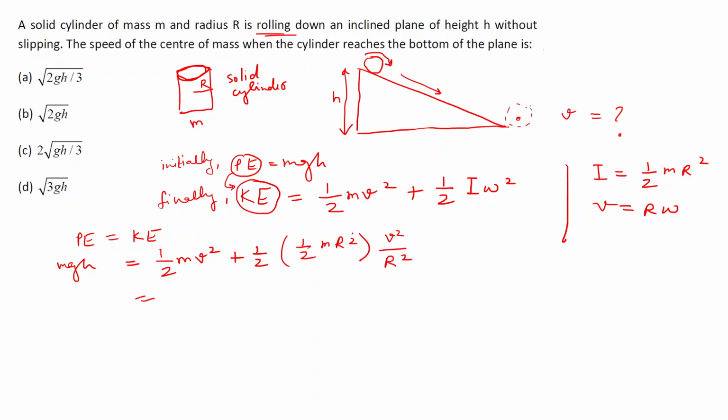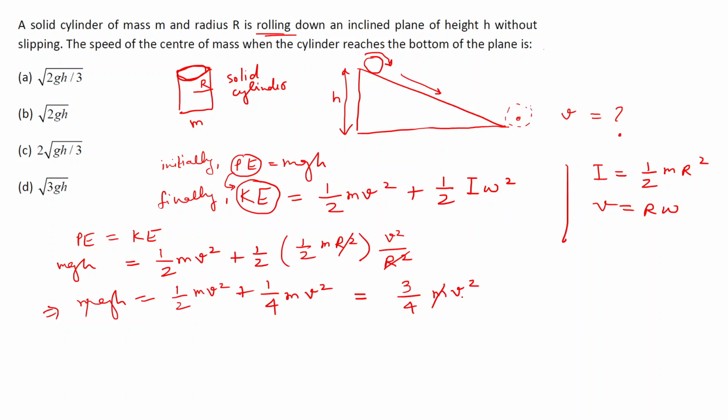Solving this, again r square cancelled, we'll be left with half mv square plus 1 by 4 mv square, which means 3 by 4 mv square. Now on this side we have mgh, so m cancelled, and g we keep as it is, since we have not been given any values.